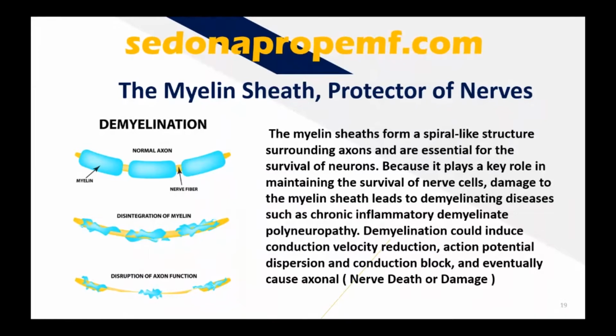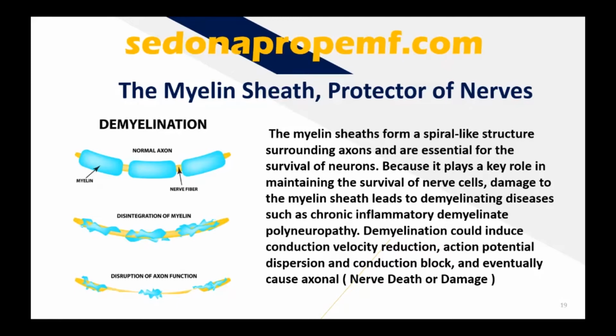So the myelin sheaths form a spiral-like structure surrounding the axons and are essential for survival of the neurons. Because it plays a key role in maintaining the survival of the nerve cells, damage to the myelin sheath leads to demyelination, demyelinating diseases such as chronic inflammatory demyelinating polyneuropathy. That's a mouthful.